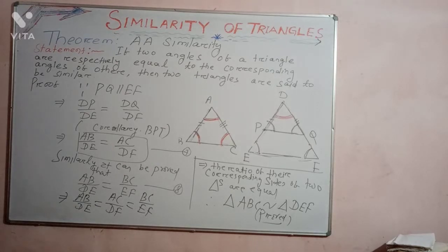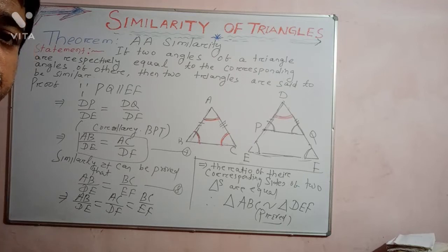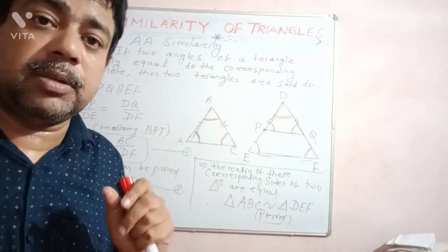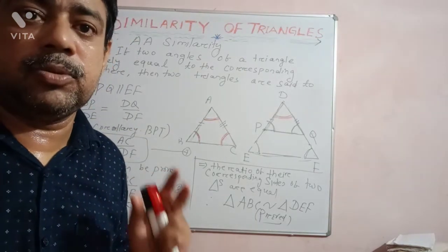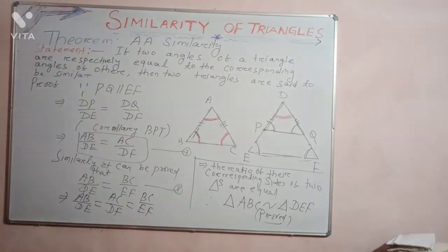It is clear that if the ratio of the corresponding sides is equal, as we proved, then the triangles must be similar. And we know that for any two objects, if the ratio of the corresponding parts are equal, then the objects are similar.